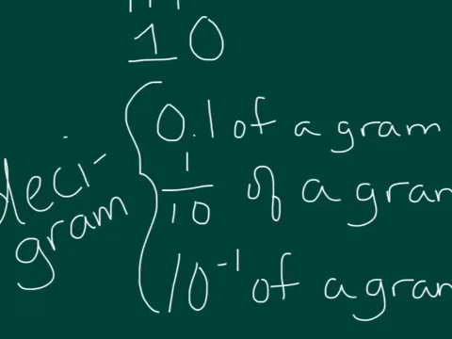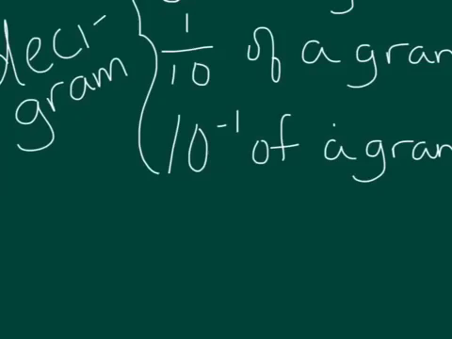I don't know that I can. Okay, well what I will do is I'm just going to move below what I've been talking about and tell you that with centi, there are 100 centigrams in a gram. 100 centigrams in a gram.